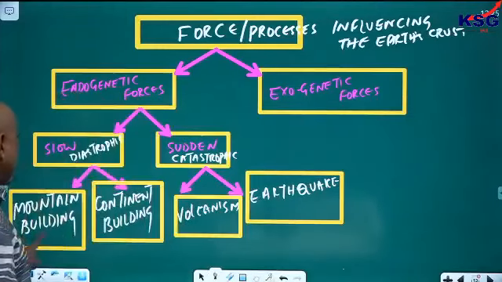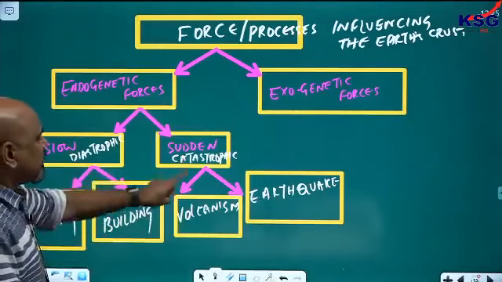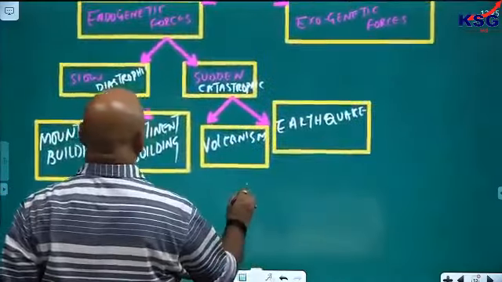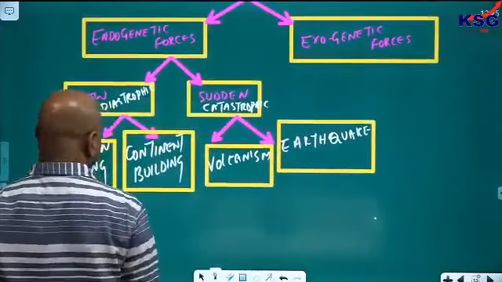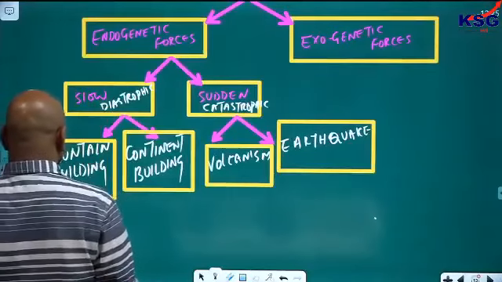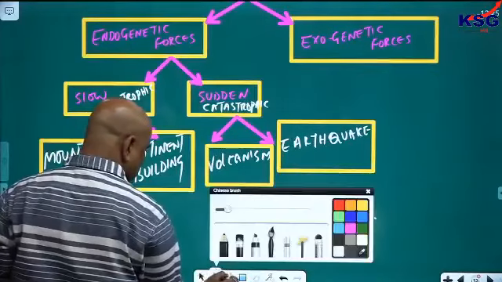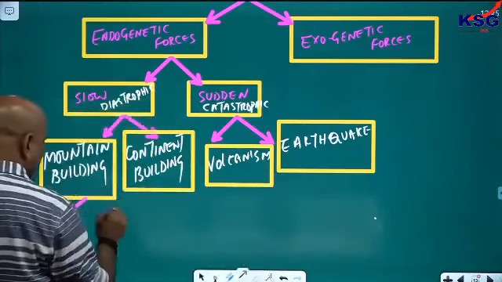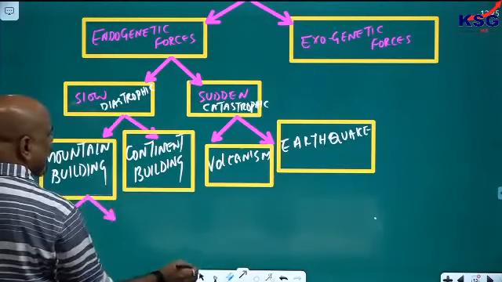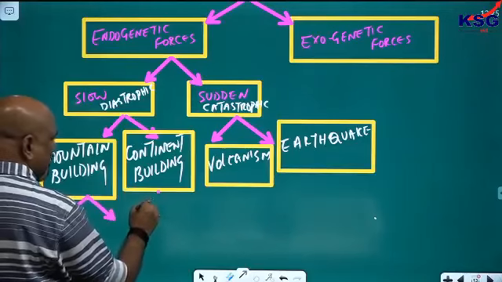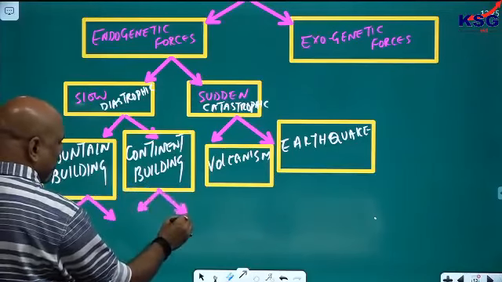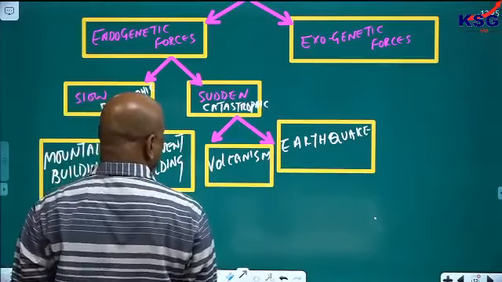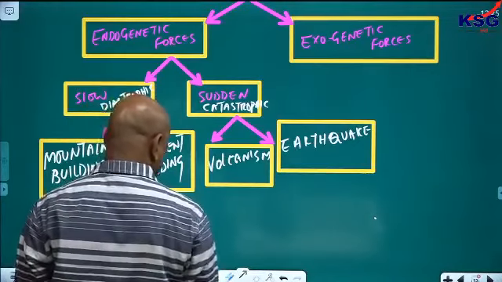Slow can be mountain building or continent building, sudden can be volcanism and earthquake. In mountain building you have folding and faulting, which gives fold mountain or block mountain. Here you can have continent upwarping or downwarping.